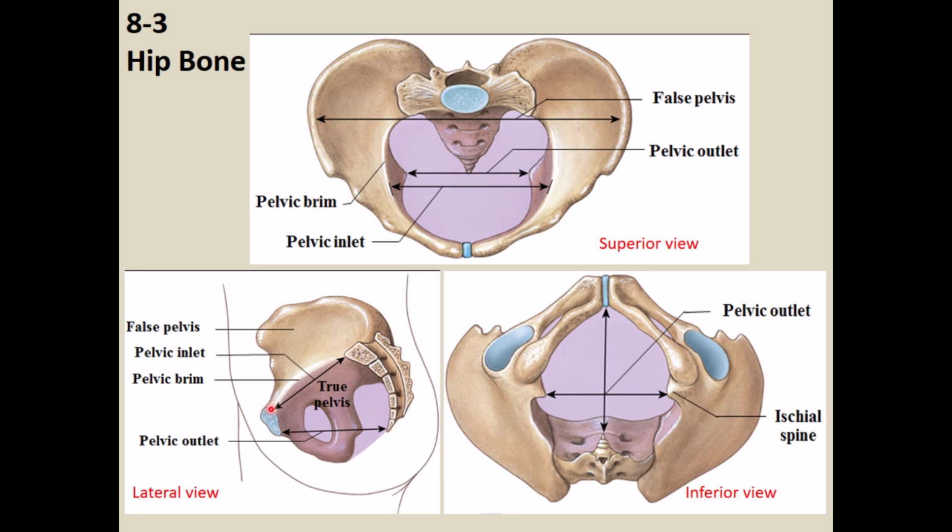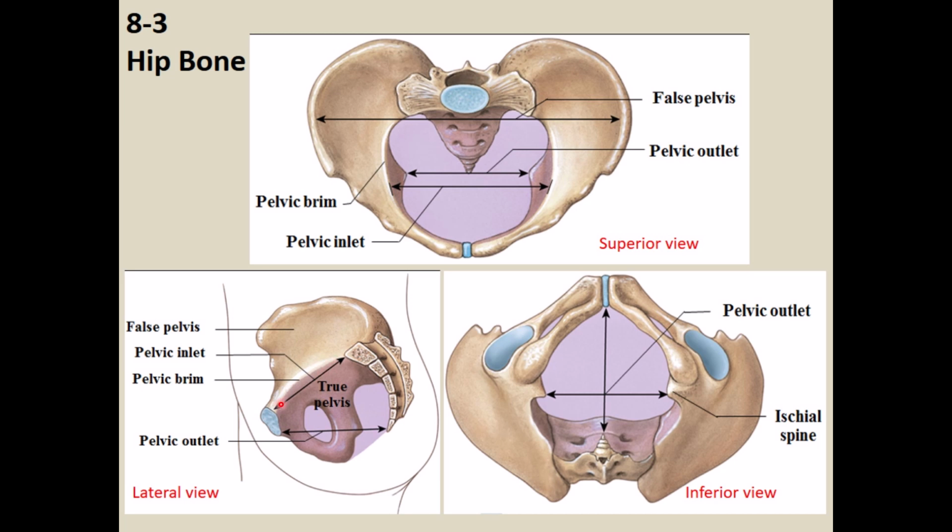It's located between the superior border of the pubic symphysis all the way to the sacral promontory. If you remember, in the previous chapter I talked about that. The sacral promontory is important, especially in women. If it is located more anteriorly, the head of the baby cannot come down. So it should be more posteriorly.